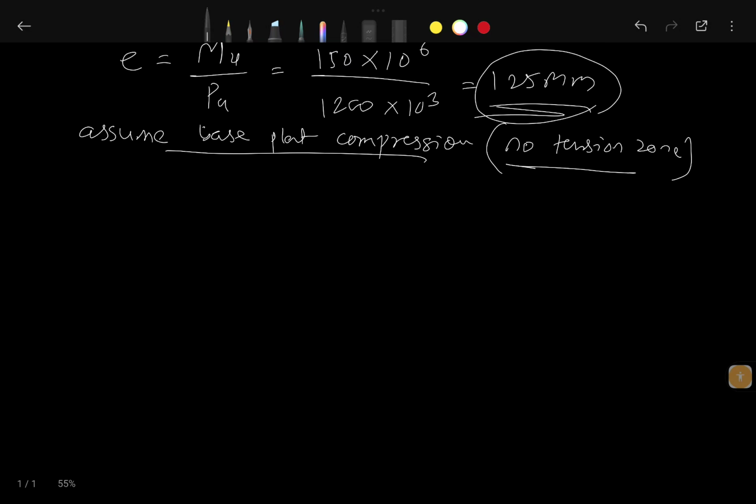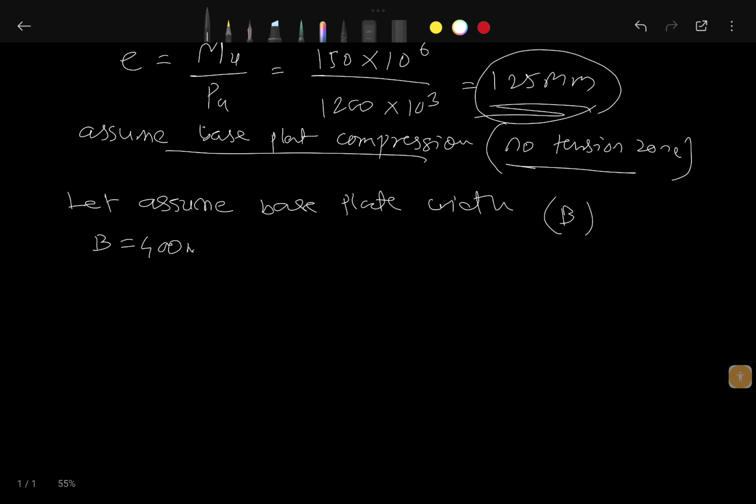Let us assume the base plate width. We have just assumed base plate width, which we generally consider as B. B is equal to 400 mm, because our column size is 350 mm.